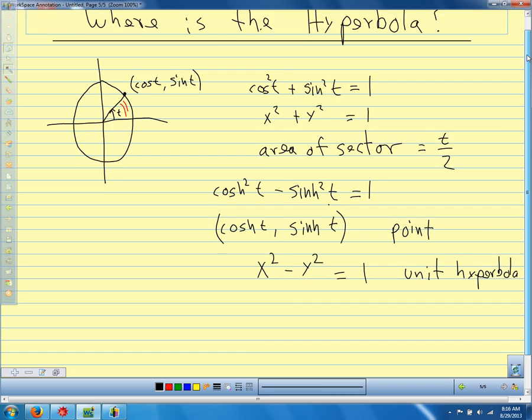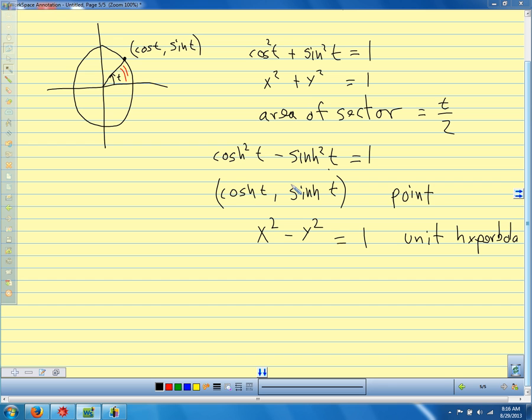So if we think of t as a hyperbolic angle, and we have a coordinate system over here, x squared minus y squared equals 1 is this hyperbola. And it goes through the point (1, 0). And we're describing some point on the unit hyperbola, and the coordinates of that point are cosh t, sinh t.